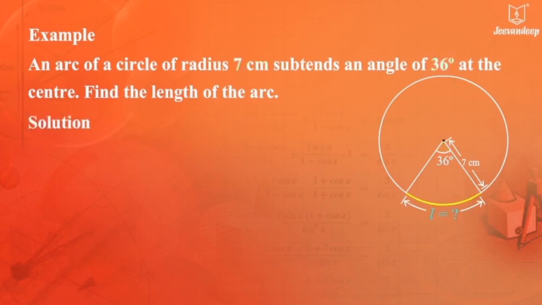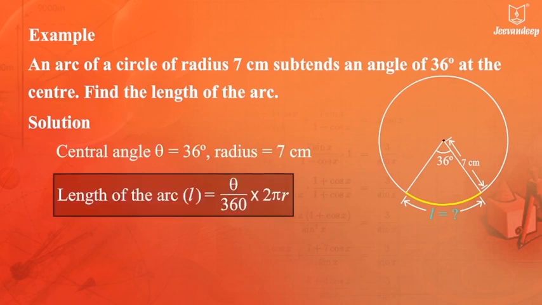Solution: central angle theta equals 36 degrees and radius equals 7 centimeters as given. Formula: length of the arc L equals theta upon 360 multiplied by 2 pi r.